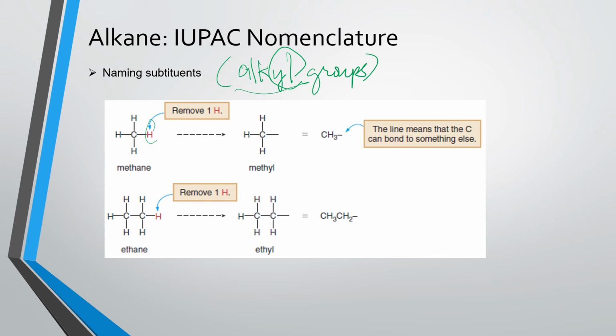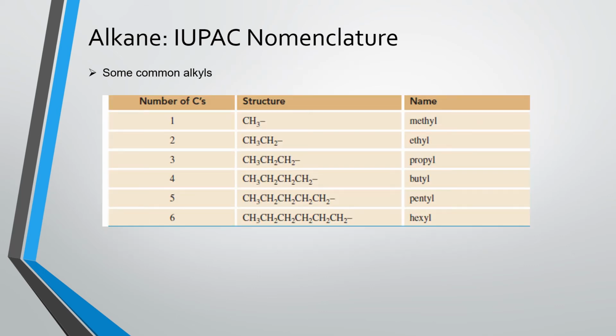Remove one hydrogen kasi that means it will be used for bonding. Ethyl na siya. Okay? So that's substituents. So here are some common alkyl substituents. With 1 carbon atom, methyl; 2 carbon atoms, ethyl; 3, propyl; 4, butyl; 5, pentyl; 6, hexyl.